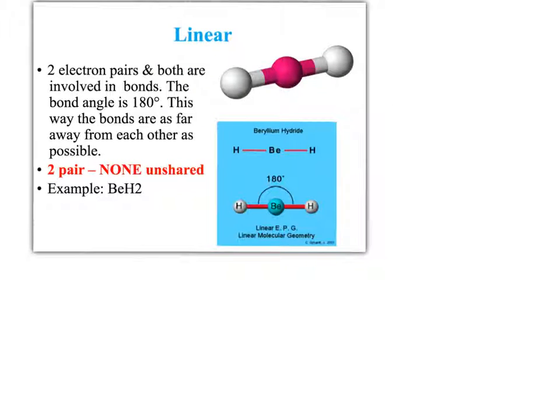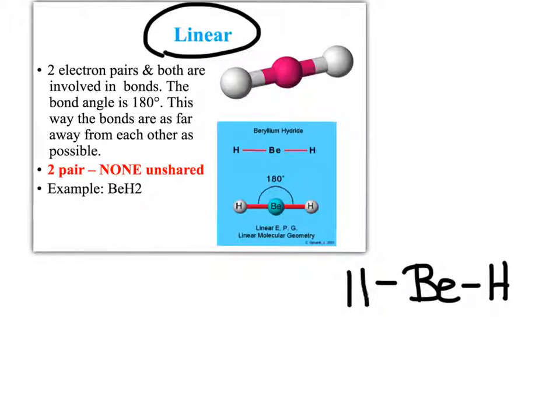So for example, our first three-dimensional shape is called linear. This makes perfect sense. If we have beryllium and it's bonded to two hydrogens, what would be the furthest apart that these electrons can be from each other? 180 degrees. You can't get any further away than that.